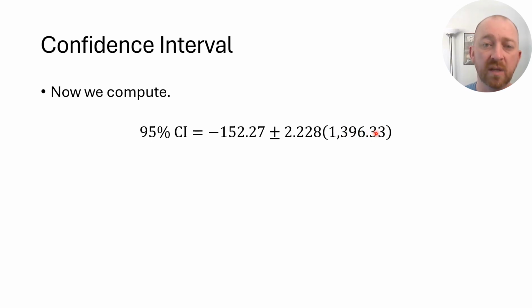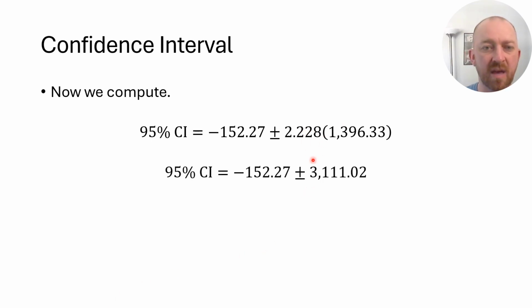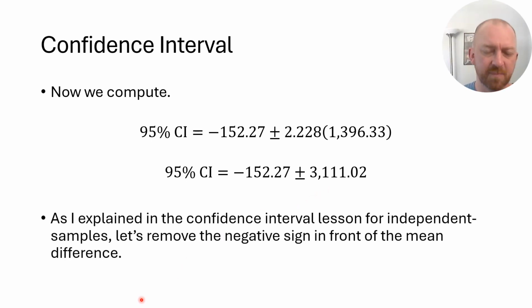And the first thing we can do is, of course, multiply that, because we have to multiply before we can add or subtract, right? That's our order of operations. So if we multiply that by that, we get $3,111.02. So we're starting at a difference of $152.27, and then I'm going to add and subtract this many dollars here. Now, I explained this in my very first confidence interval session. I think what makes the most sense here is just to remove the negative sign.